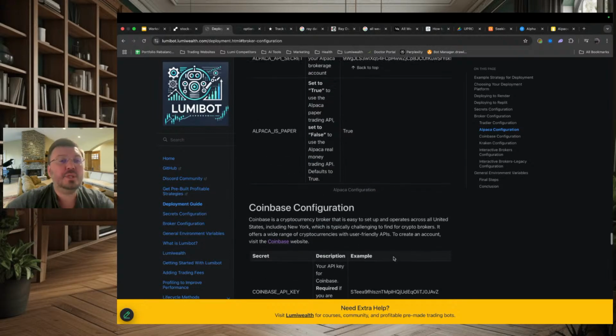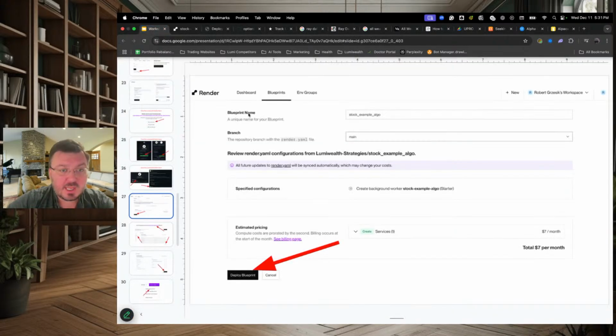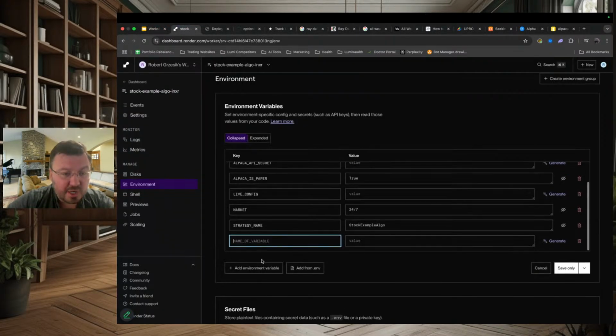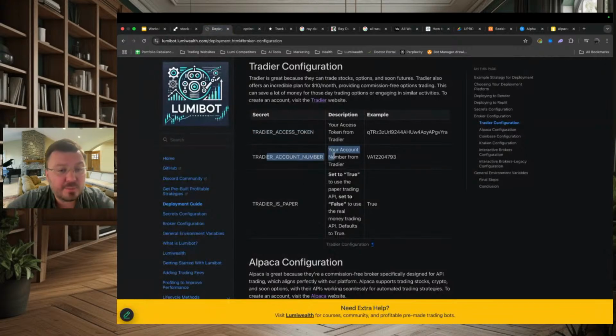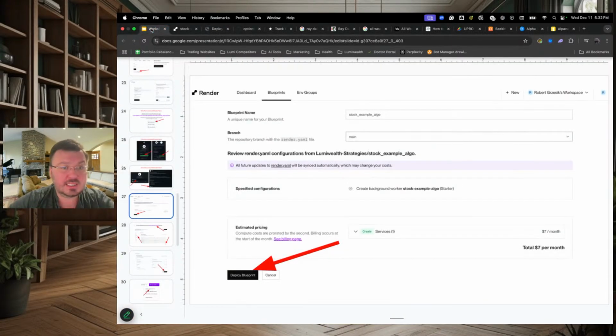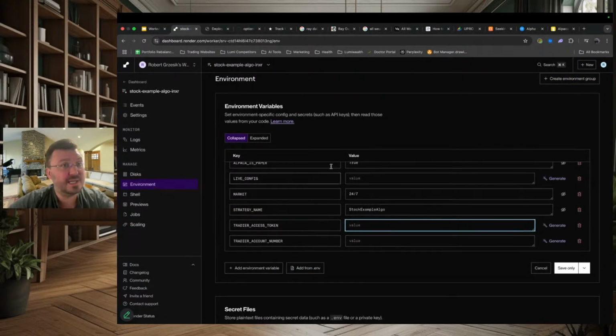But let's say I want to use Tradier instead. I would copy Tradier access token, and I'd make a new environment variable with that name, and then go over to Tradier and get my access token. And then I do the same thing with account number and then is paper. I would set all these 3 things. That's if I want to use a different broker other than Alpaca. So it looks like that, fill in my values, and that's it.